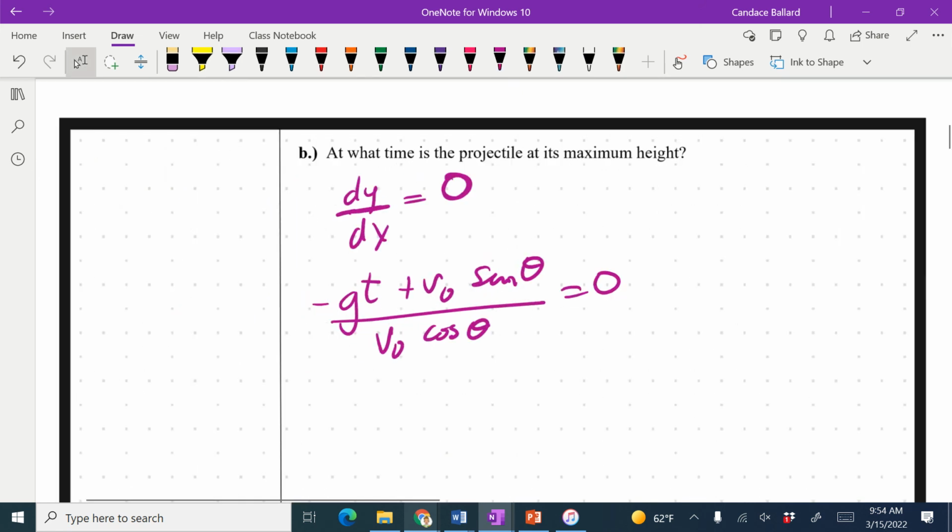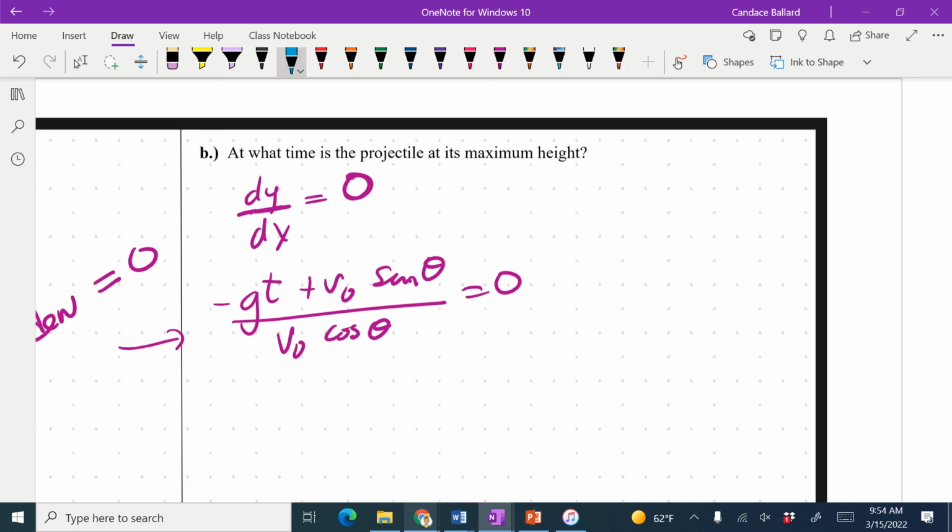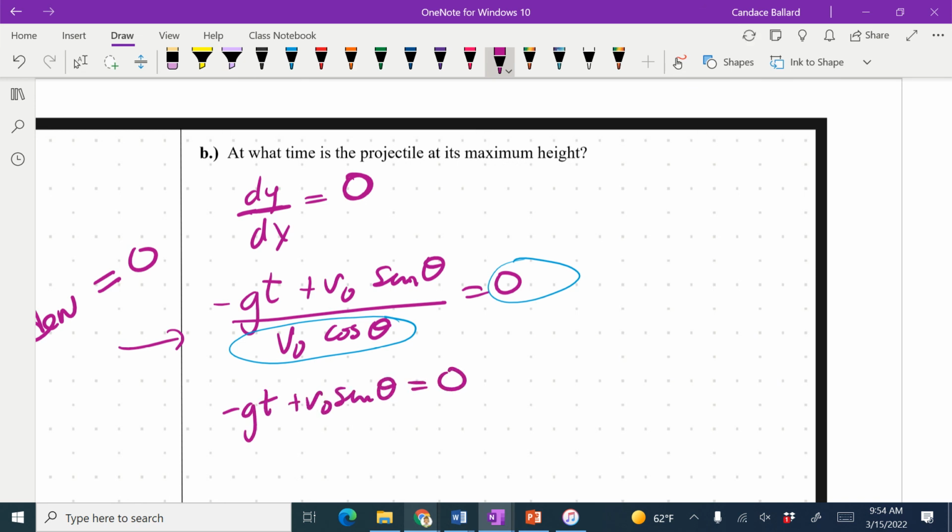You might want to make a note about setting the derivative equal to 0. That's what I would do if I was taking the notes. Okay, what happens with this denominator when I multiply it by 0? I get 0. So I really am just setting the numerator part of my derivative equal to 0.